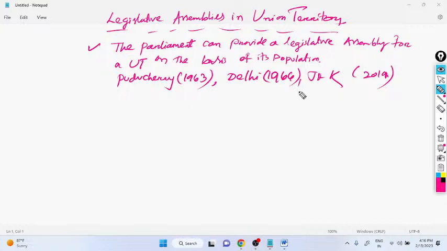But remember, even if the union territories has got a legislative assembly, it does not diminish the law-making power of the parliament. The parliament can enact on all the subjects mentioned in the state list of the constitution for the union territories, even if legislative assemblies are provided to certain union territories, but that does not diminish the law-making power of the parliament.